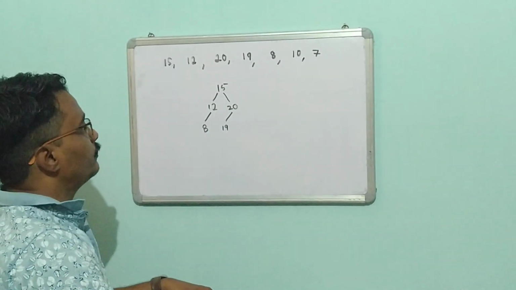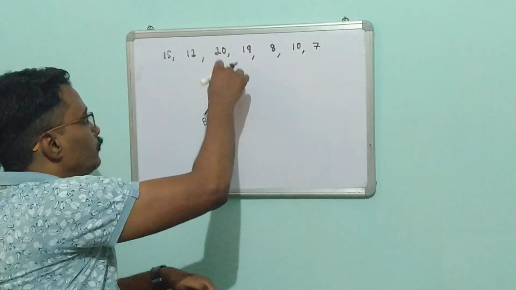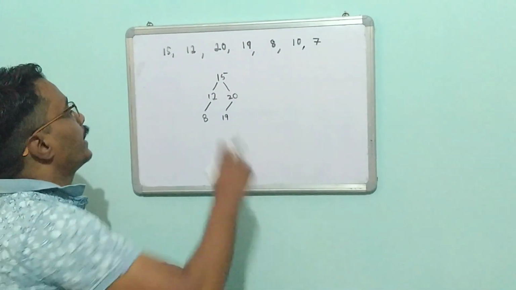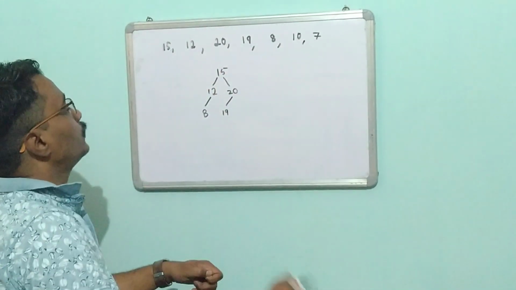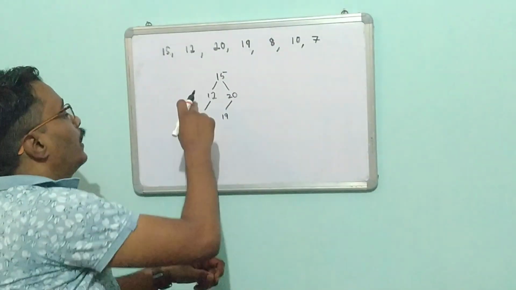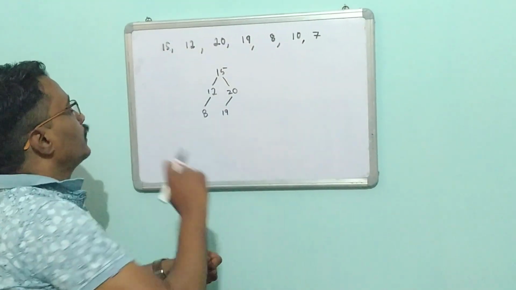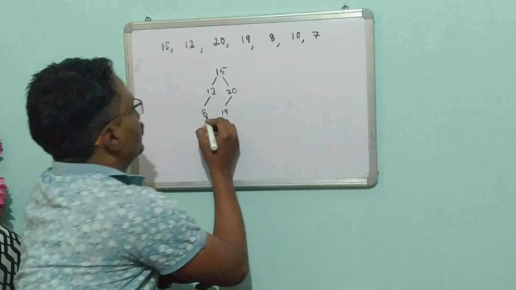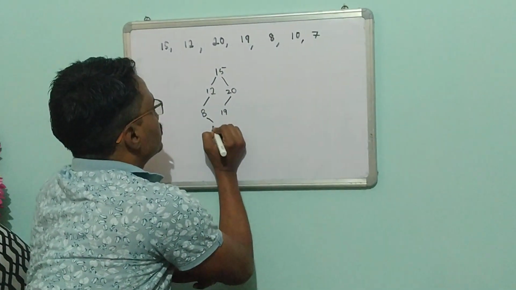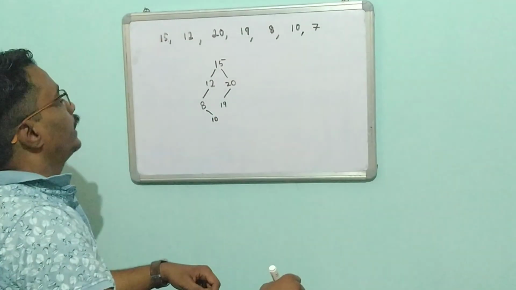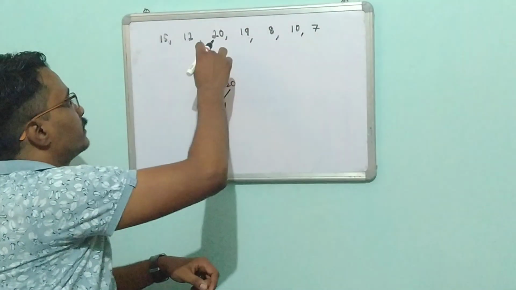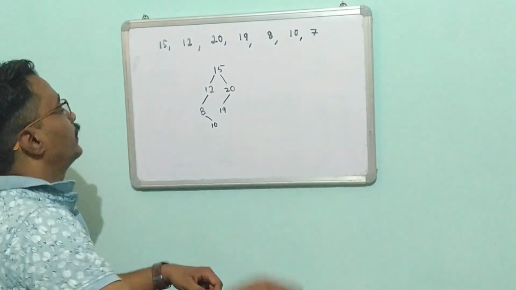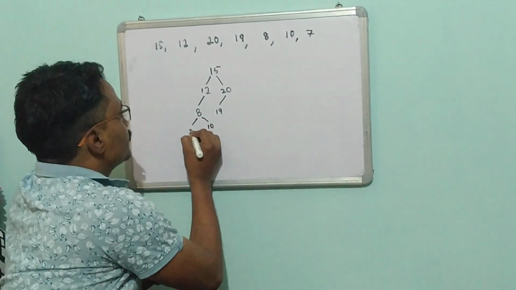Then coming to 10, again we drop it from the root, and 10 is lighter, so it will be left of 15 and left of 12, so it will be the right part of 8, because 10 is heavier than 8. Then dropping 7, 7 will be left of 15, left of 12, and left of 8.